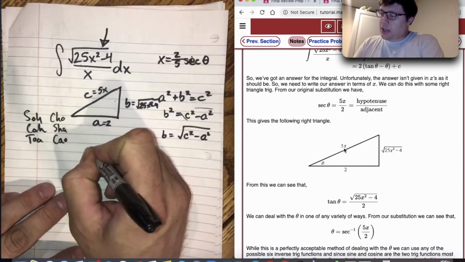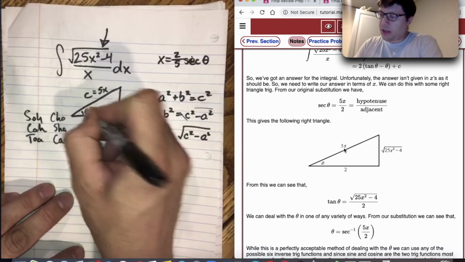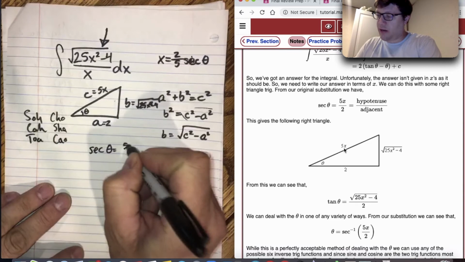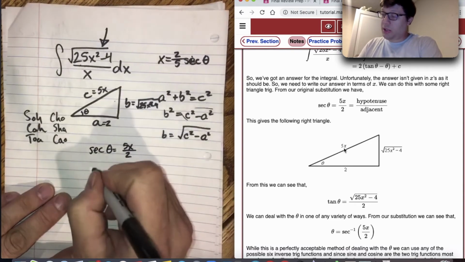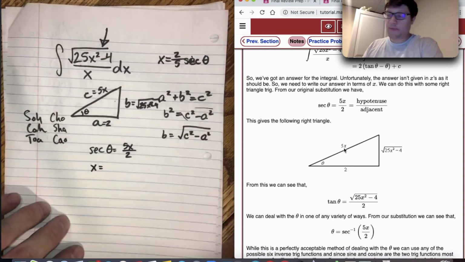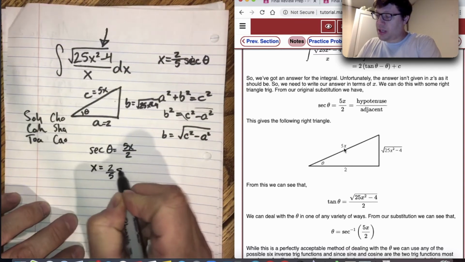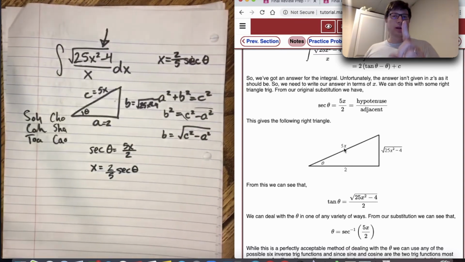So secant of theta is the hypotenuse over the adjacent side, 5x over 2, which means x equals, are you with me now? x equals 2/5 secant theta. We're just going to take all of that and plug it into that formula.